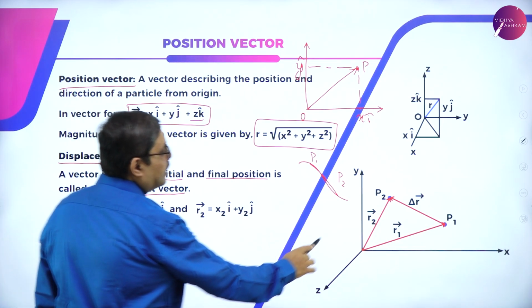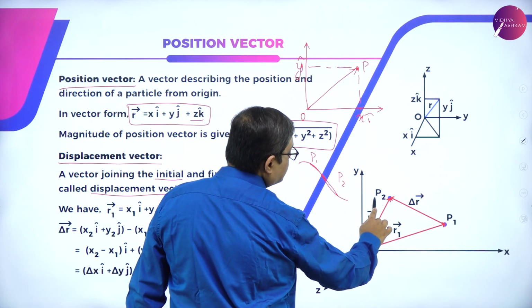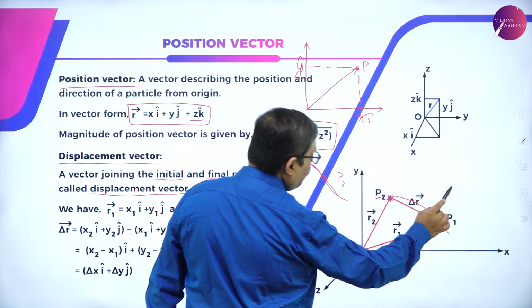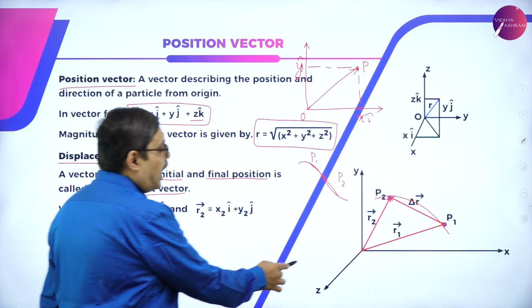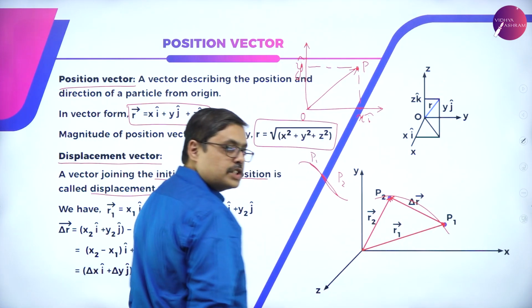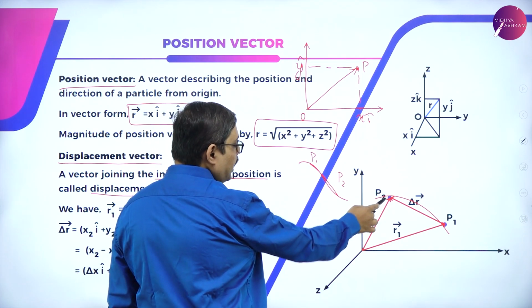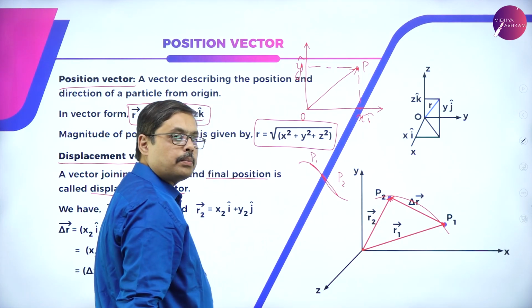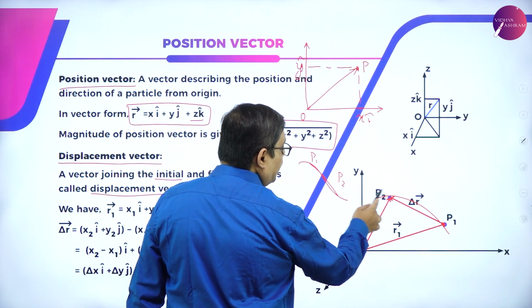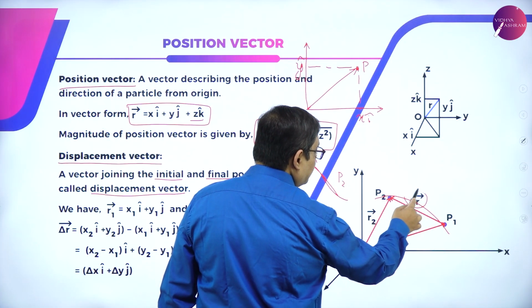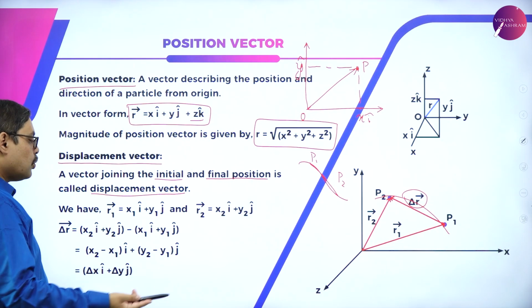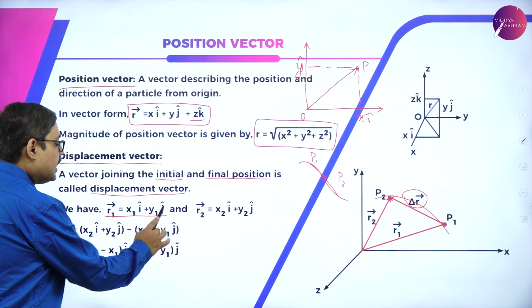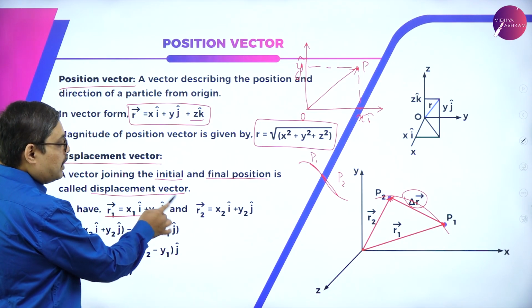How do I write it? See, this is position 1 and position 2. So suppose this was the movement of the body. We have vector R1 which connects to position P1 and we have vector R2 which connects to position P2. Between P1 and P2, we have the difference between these two vectors, which is represented by delta R. R1 is x1 i cap plus y1 j cap.